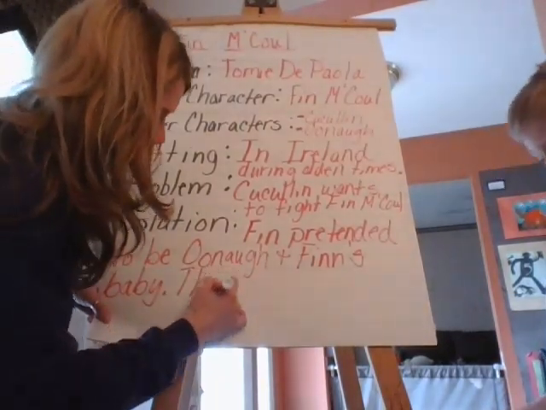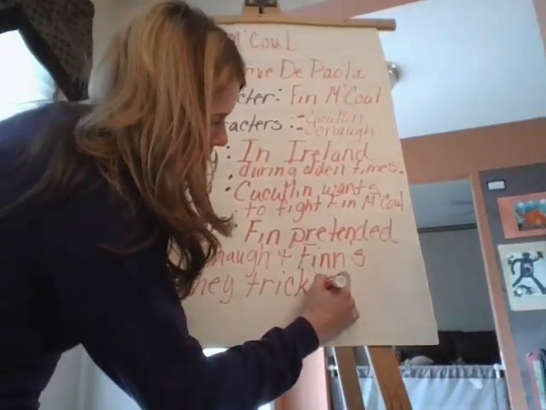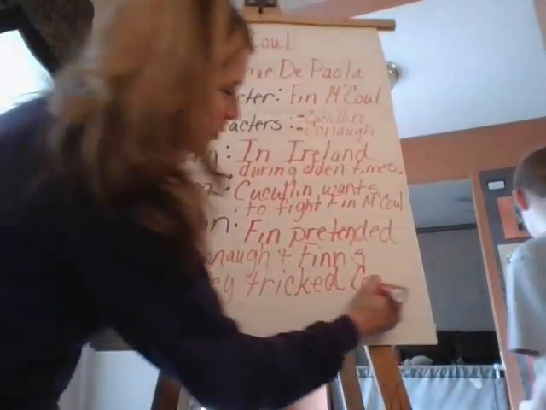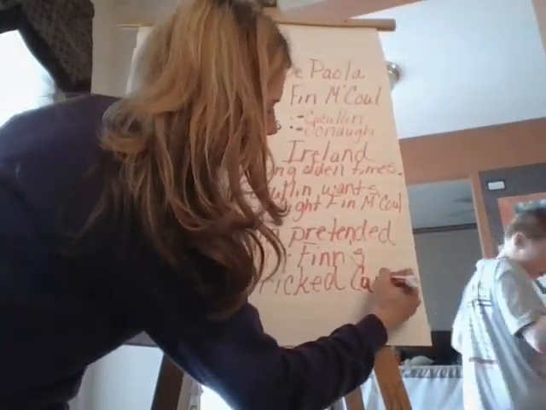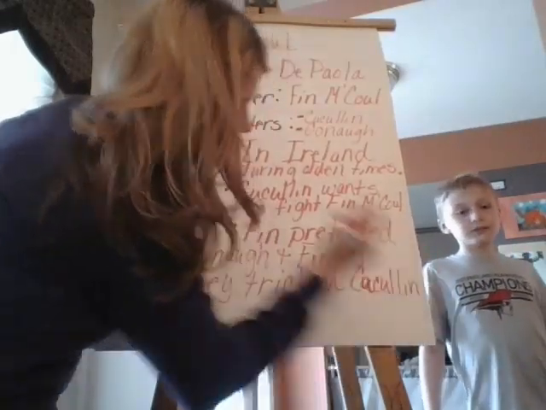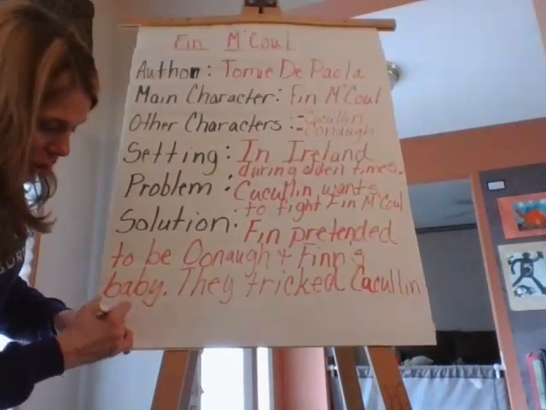They tricked. They have confusing names, Cucullin. They do have confusing names. Oops, this is a U. I'm also putting that they tricked Cucullin by outsmarting him.